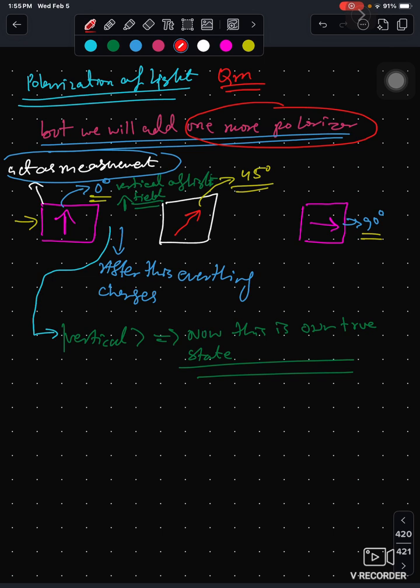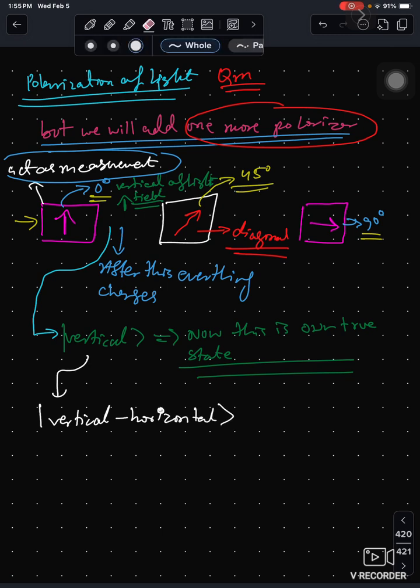The moment it passes through the diagonal polarizer, magic. What we see is light has turned from vertical back into vertical and horizontal polarization, like a horizontal wave. Here we go. How is that possible?